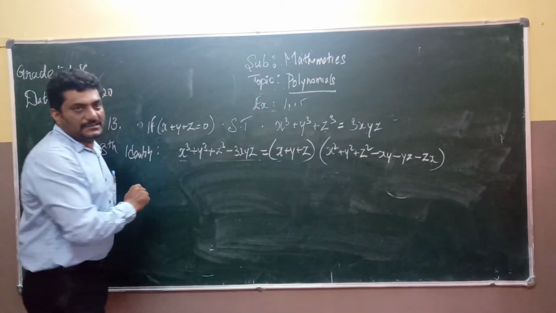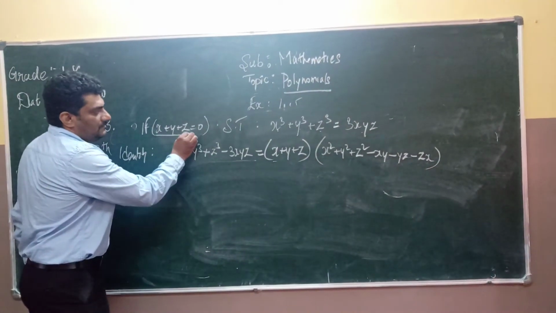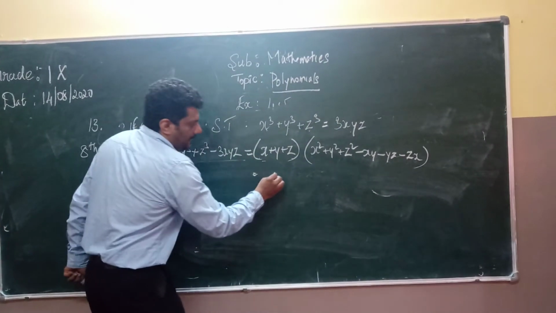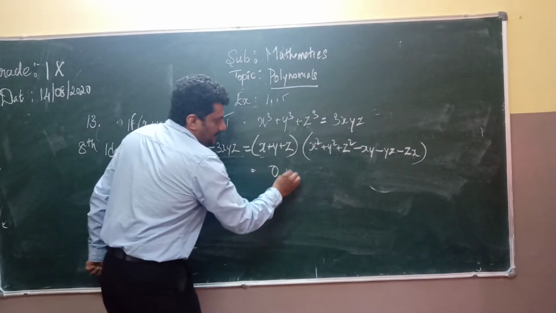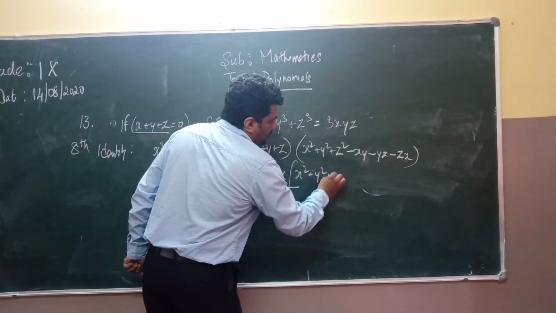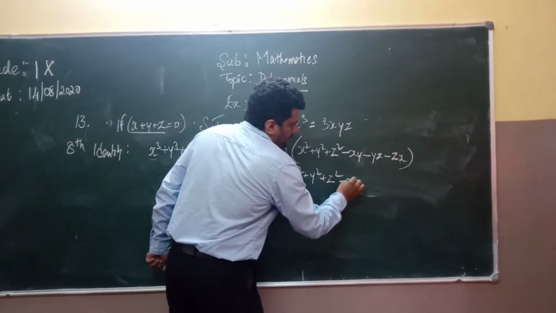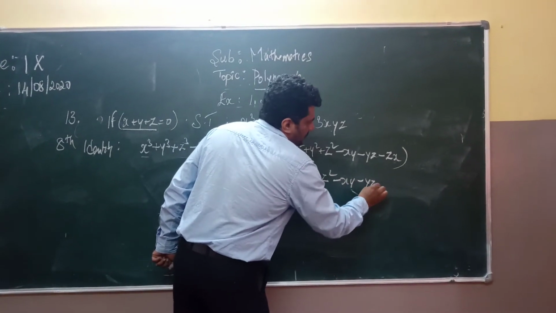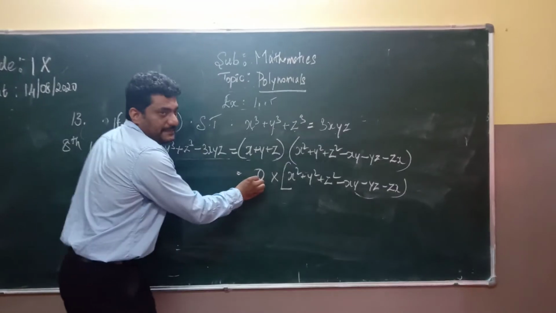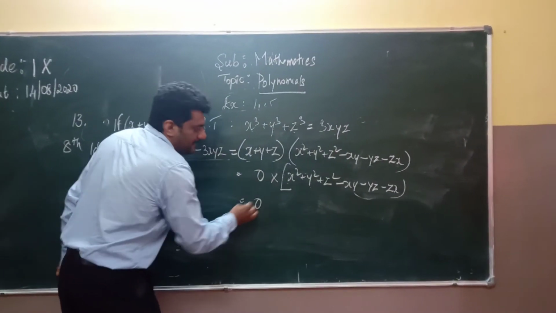Now what is given in the question? This term is 0. So here I can put 0 multiplied by x squared plus y squared plus z squared minus xy minus yz minus zx. When you multiply 0 with anything, you will get 0.